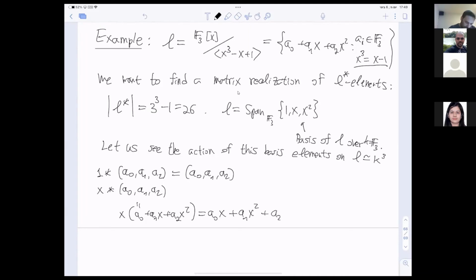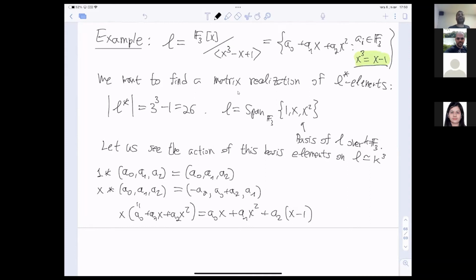But now, instead of writing x to the power of 3, I'm going to write this, which is the height of the extension. So it transmits the vector a0, a1, a2 to minus a2, which is the free coefficient, to a0 plus a2, and to a1.